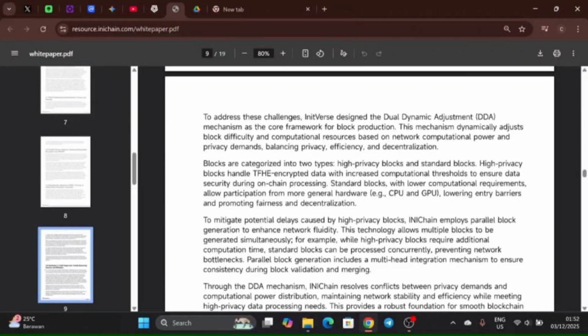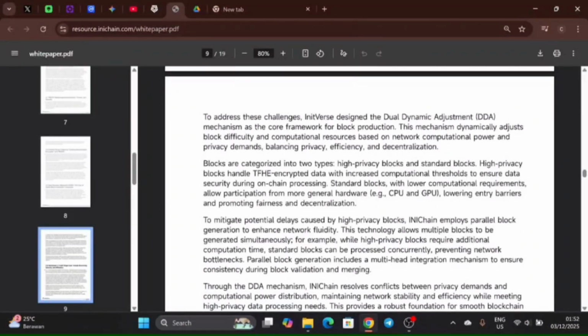High privacy blocks handle TFHE encrypted data with an increased computational threshold to ensure data security during on-chain processing. Standard blocks with lower computational requirements allow participation from more general hardware, CPU and GPU, lowering entry barriers and promoting fairness and decentralization.